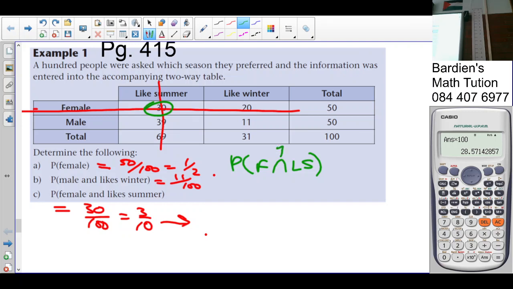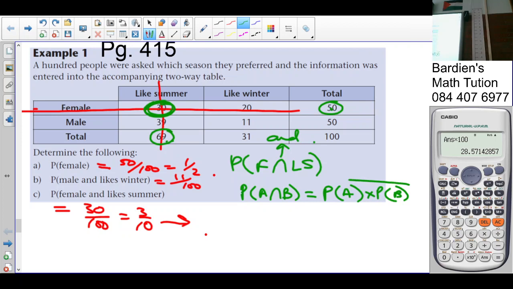This is and, that's your intersection. So if A intersection B is equal to the probability of A, which in this case is likes summer, times your probability of B, which is female, if you multiply this together and it's equal to the intersection, then events are independent.